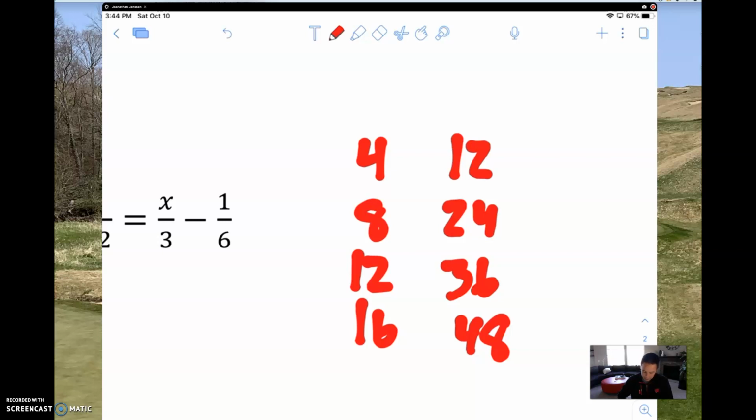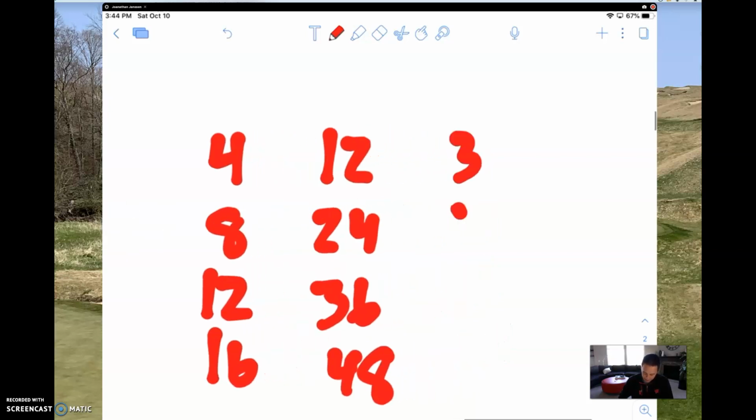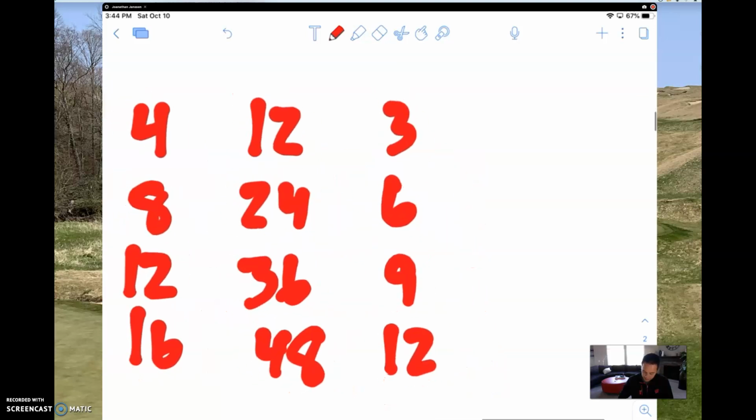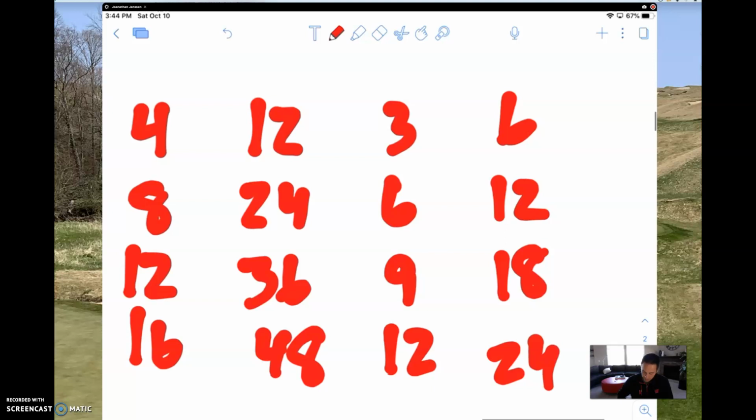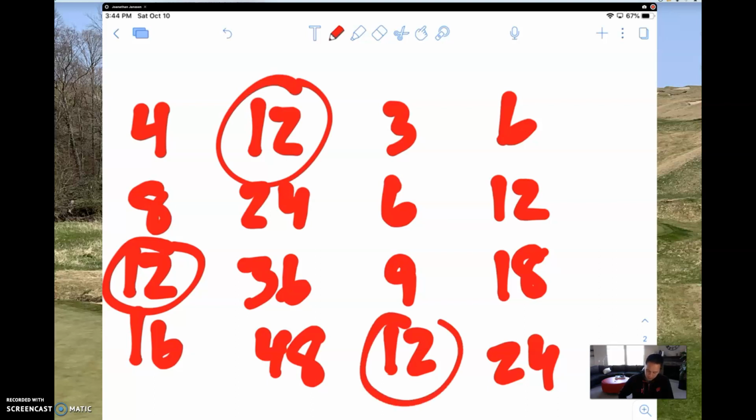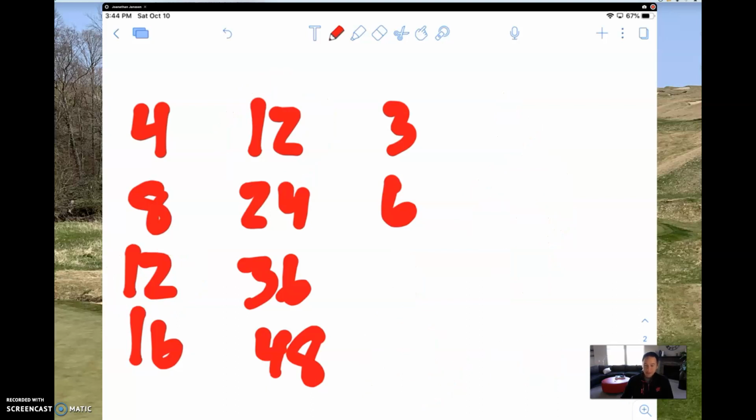We're going to list some multiples of 3: 3, 6, 9, 12. And the multiples of 6 would be 6, 12, 18, 24, and so on. Hopefully you notice that they all have that number 12 in common. So the least common multiple of those numbers is 12. That's the one that we're going to end up multiplying by.